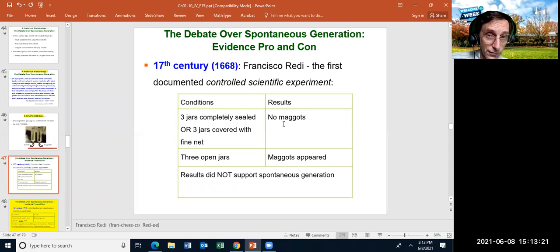And after Francesco Redi's day, people came to the conclusion that complex living things, like a maggot or a person or a cat, something that's big, could not arise by spontaneous generation.